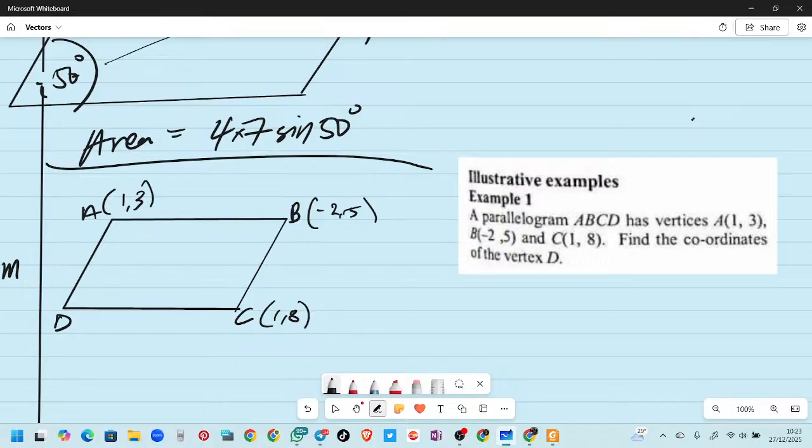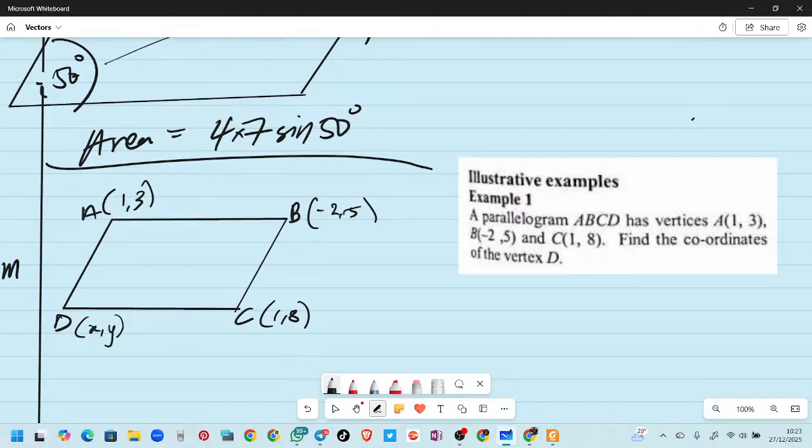And we don't know the vector of this, so let's say x, y, right? Now, I want to find the coordinates of what? The vertex D, right?